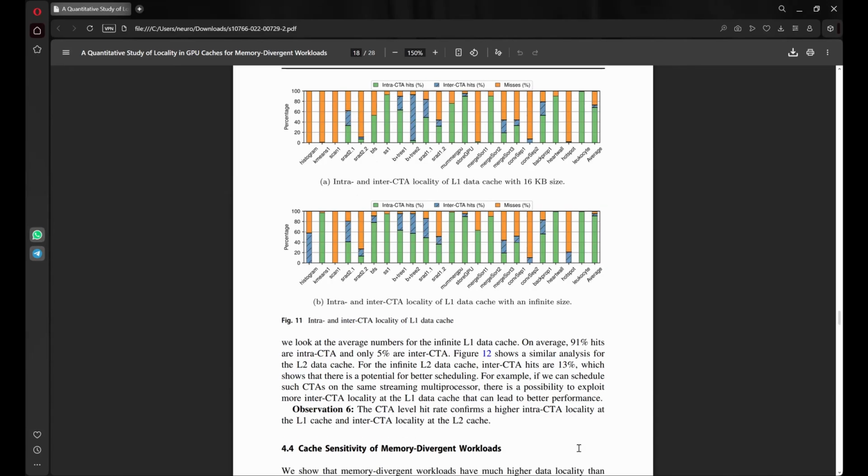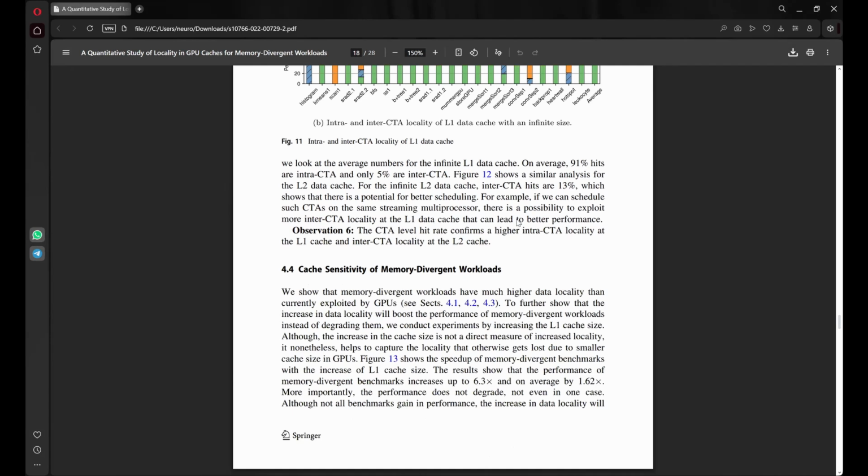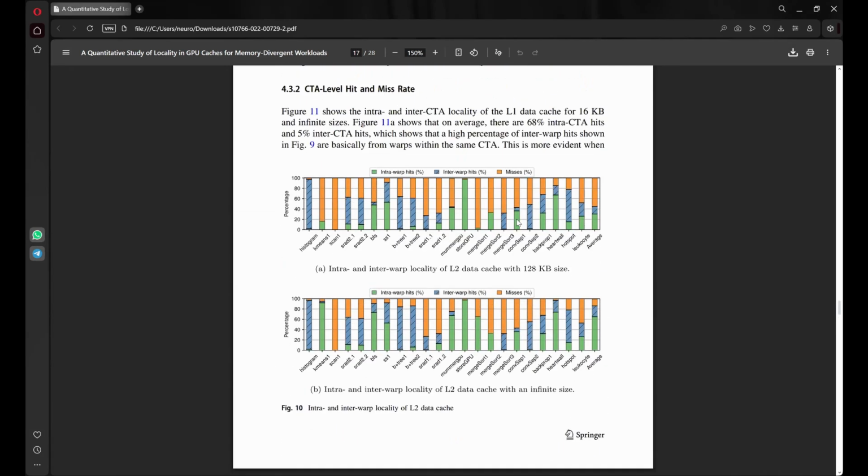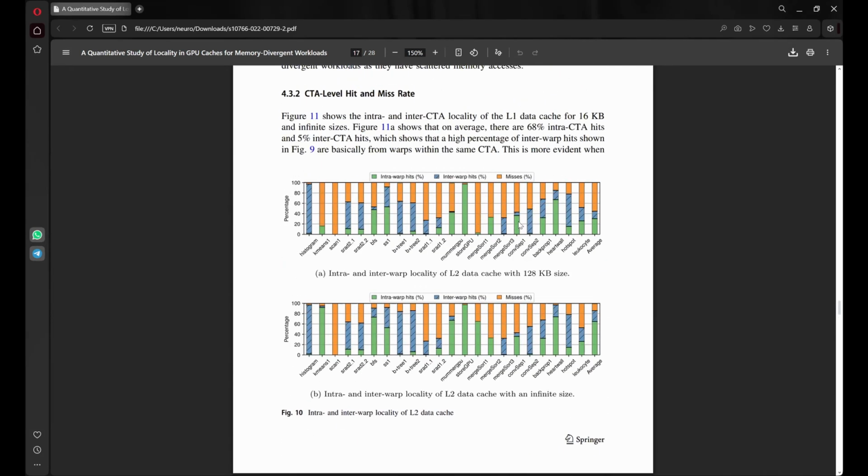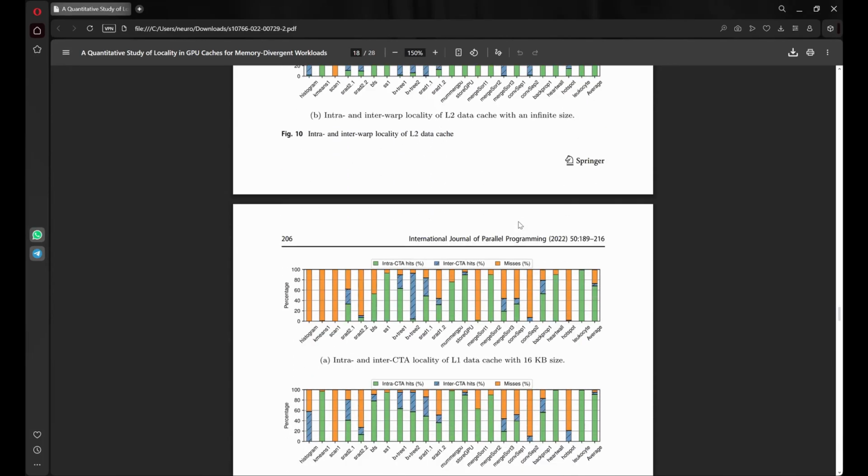So they summarize this here. The CTA level hit rate confirms a higher intra-CTA locality at the L1 cache and inter-CTA locality at the L2 cache. Oh yeah, they did L2 cache over here as well.